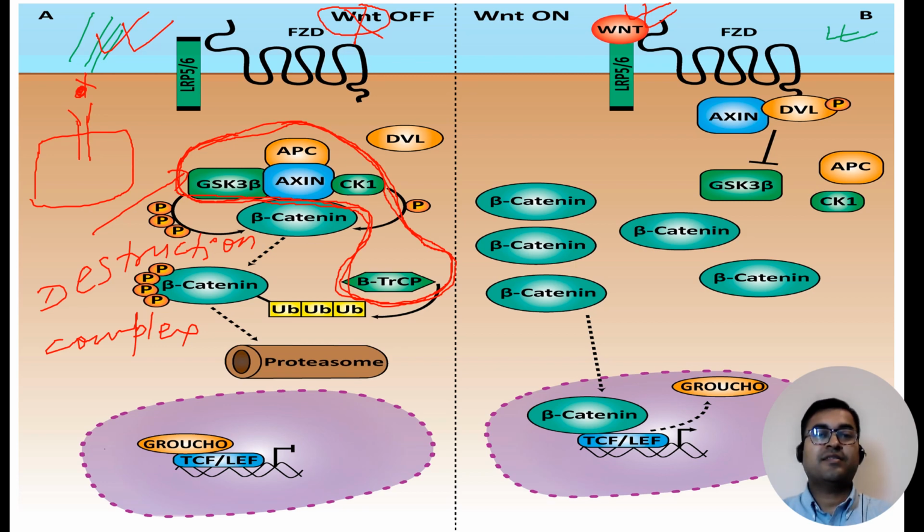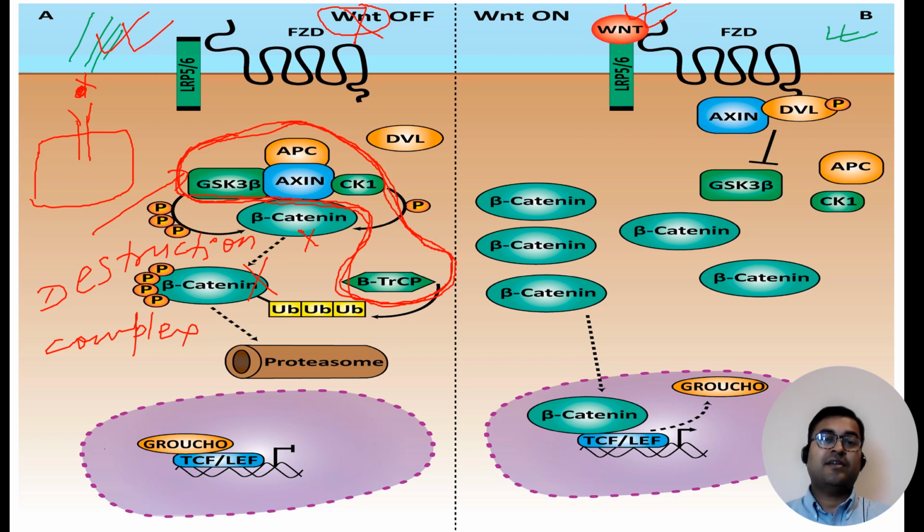The very simple reason is that this complex tries to destroy this beta-Catenin. Whatever components you are seeing here in the destruction complex, they help in destruction of this beta-Catenin. And since these components are involved in destruction of beta-Catenin, that's why we call this complex the destruction complex.